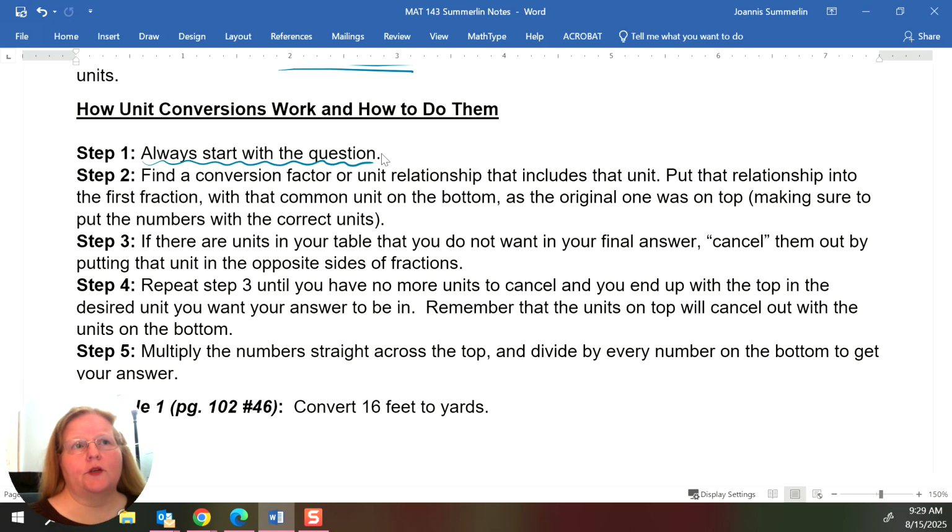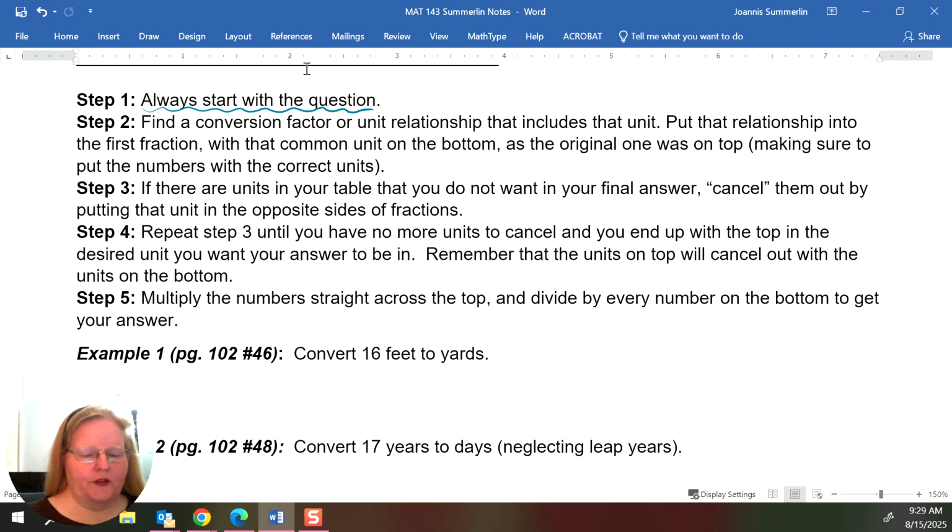That'll become really important later on, but I wanted to make sure I pointed it out now. You need to find a conversion factor or unit relationship that includes that unit. Put that relationship into the first fraction with the common unit on the bottom as the original one that was on top, making sure to put the numbers with the correct units.